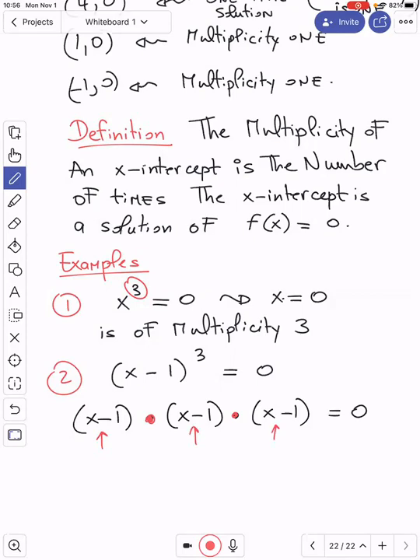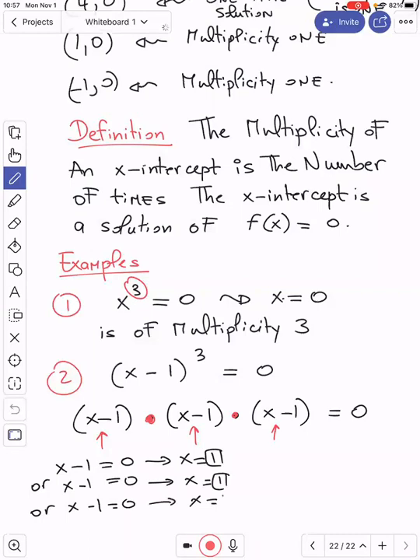So either x minus 1 is 0, or x minus 1 is 0, or x minus 1 is 0. As you can see, x minus 1 is 0 gives x equal to 1, and the same thing here, and the same thing here. So x equal to 1 is actually a 3 times solution.